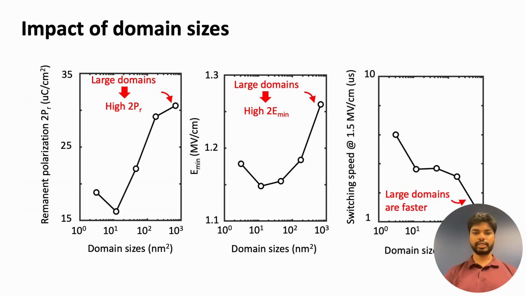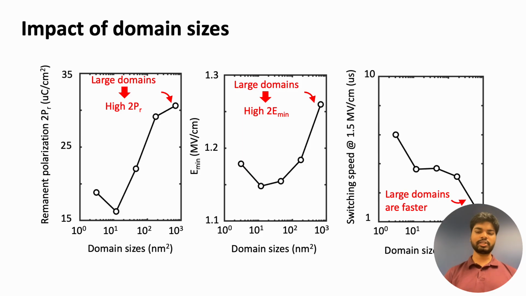Now let's look at the variation of three key properties with the size of these domains. On the left here, we see the remanent polarization. Larger domains seem to have larger remanent polarization. They have about nearly twice the remanent polarization of the smaller domains. And in the middle plot, we show the minimum field required to switch these domains.